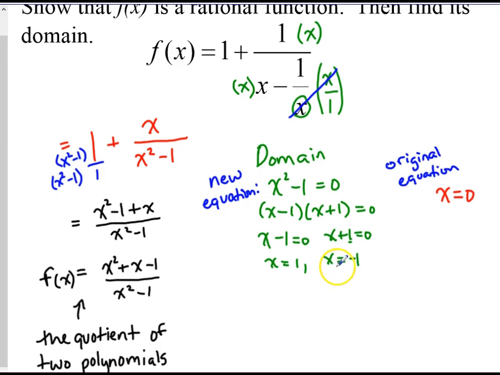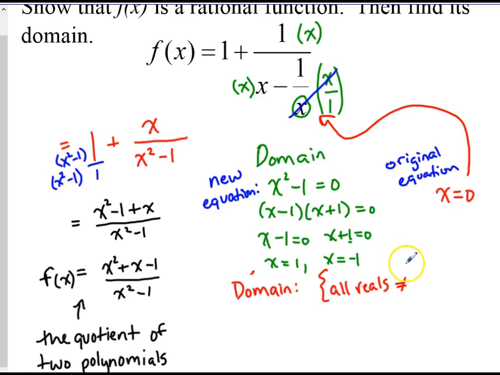And that, again, came from that little place in that original fraction. So the domain is all real numbers such that they are not equal to -1, 0, or 1.